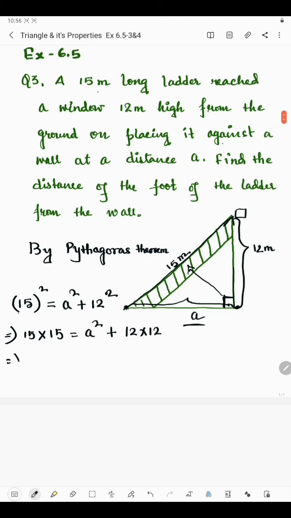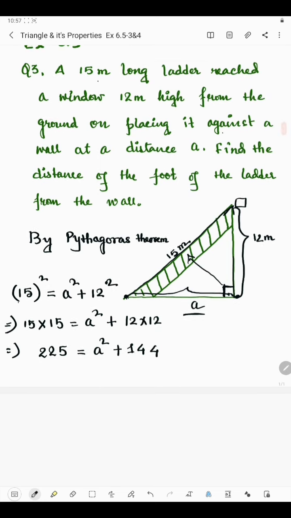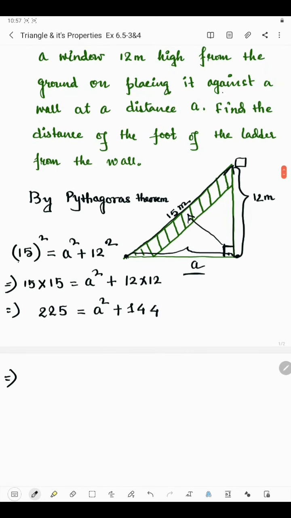Now 15 into 15 is 225 is equals to A square plus 12 into 12 is 144. Now we will have to take 144 to the left hand side because we will have to make A alone. So 225 minus 144 is equals to A square.